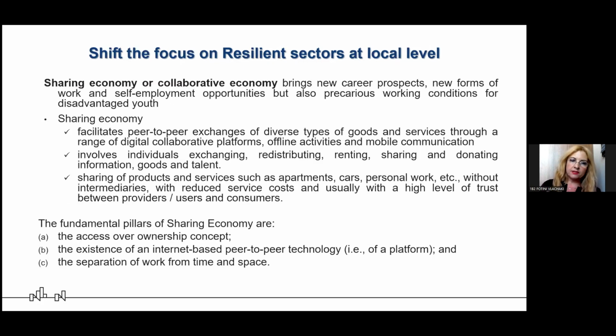And the other sector is about sharing economy. It's about facilitating peer-to-peer exchanges of different goods and services, and that means it can include all different sectors of economy.